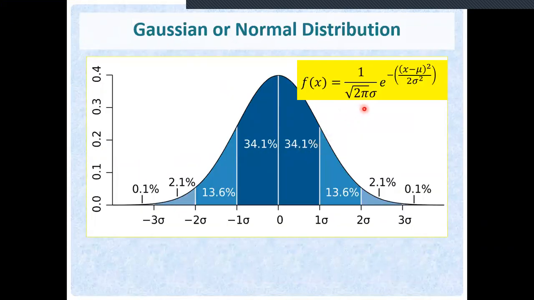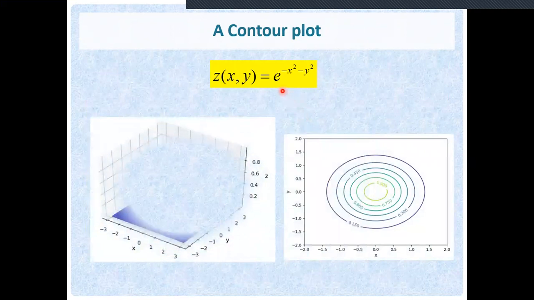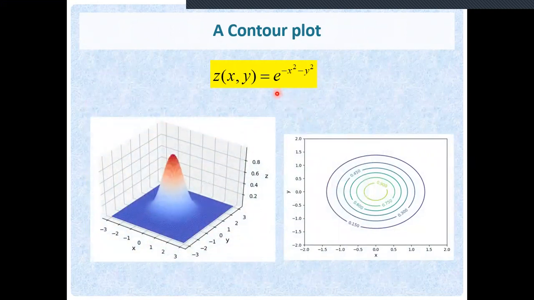The normal distribution is a symmetric bell-type distribution, and it has well-defined characteristics of probabilities if we look from the same offset away from the mean value. In 2 dimensions, the bivariate normal distribution is proportional to e raised to the power minus x squared minus y squared.